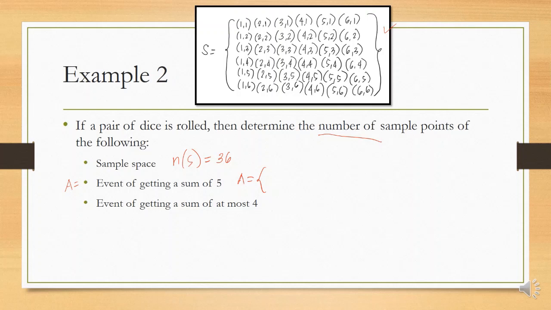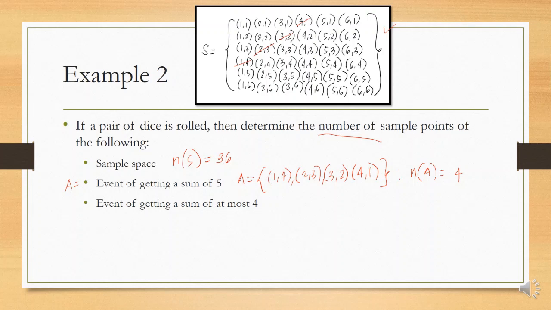From the sample space, we can see this one, this one, and this one. We can write down the sample points that we have: 1,4, 2,3, 3,2, and 4,1. That makes our number of sample points for event A equal to 4.